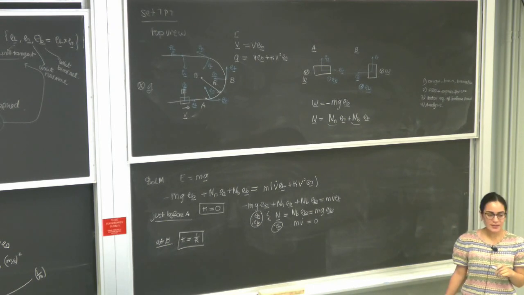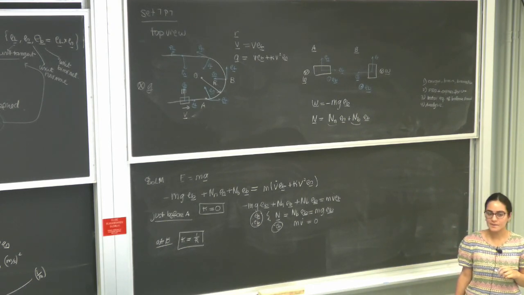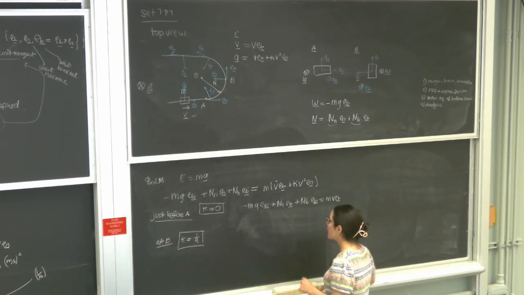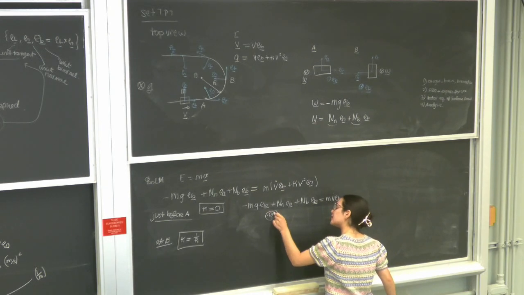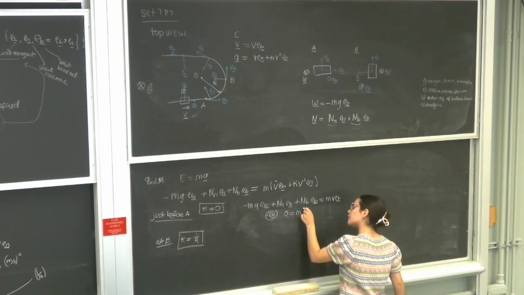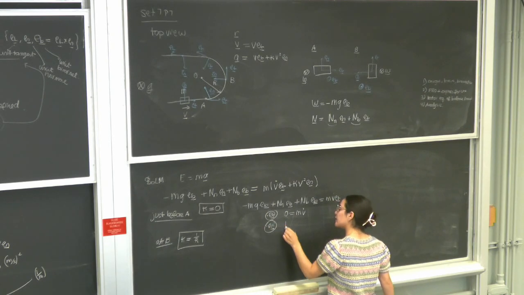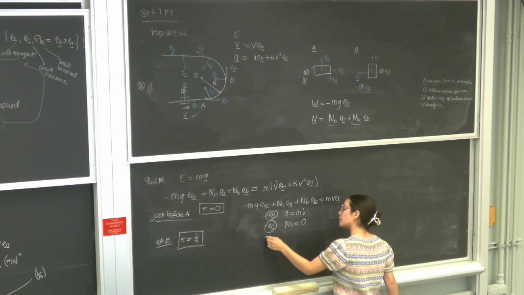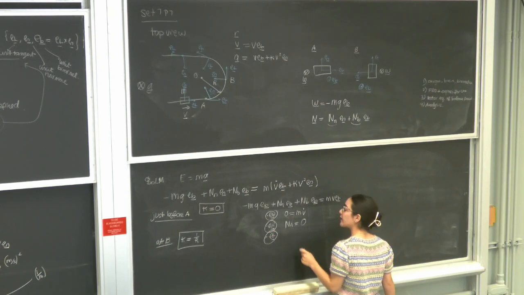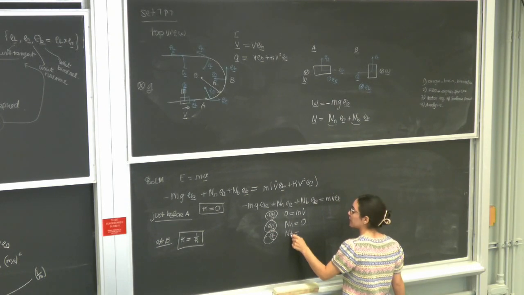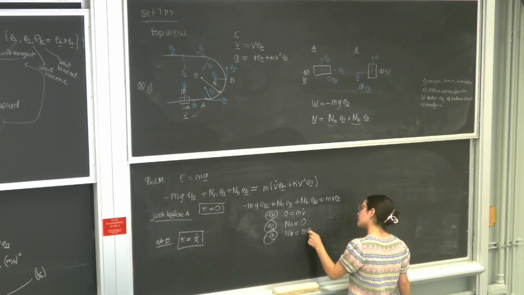Should I do this step by step, or does it make sense that the normal force is this? Maybe I'll do it step by step. Okay, so if I dot with e_t, I'll get that 0 is equal to m v dot, right? If I dot with e_n, I'll get that N_n is equal to 0. If I dot with e_b, I'll get that N_b is equal to mg.